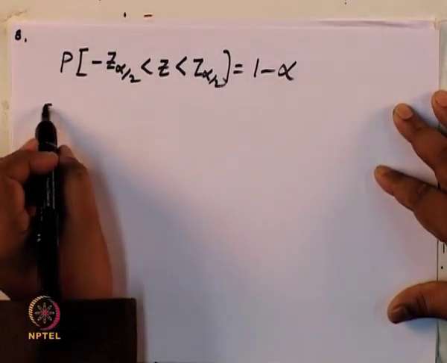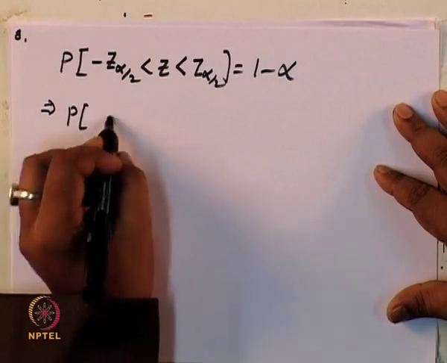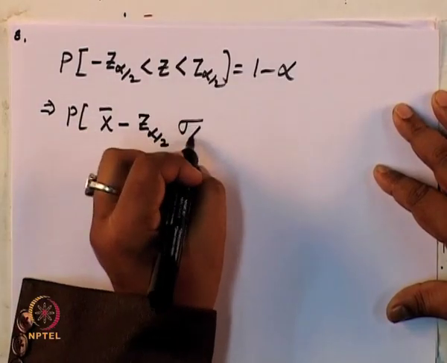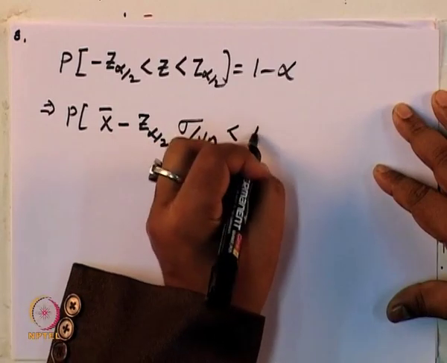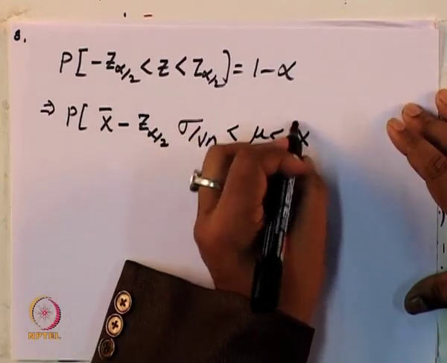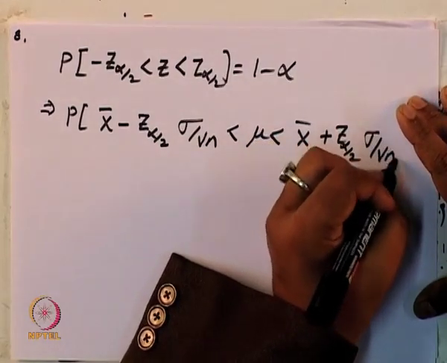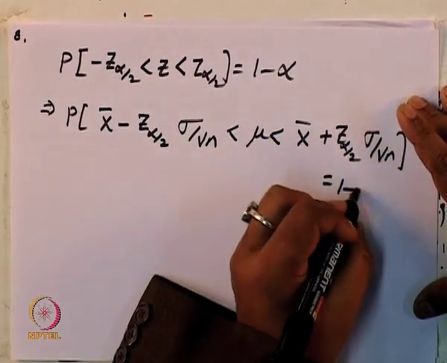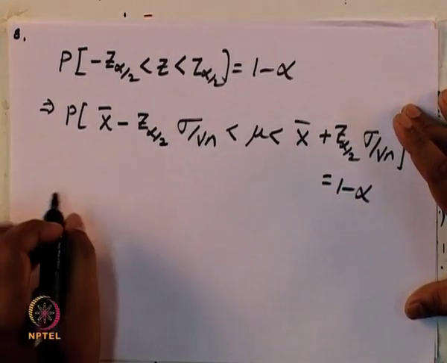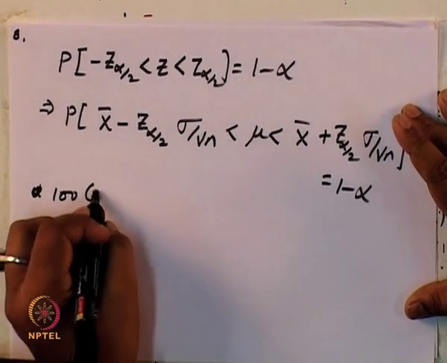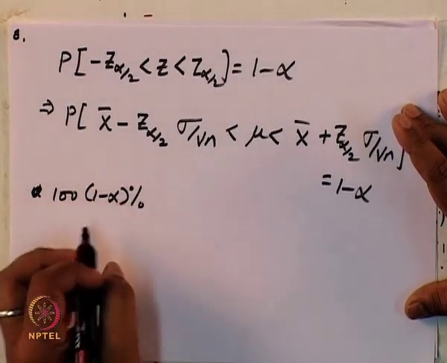And from this equation we can again write x bar minus z alpha by 2 into sigma by root n less than mu less than x bar plus z alpha by 2 into sigma by root n is equal to 1 minus alpha. Okay. So, 100 into 1 minus alpha is the confidence interval.